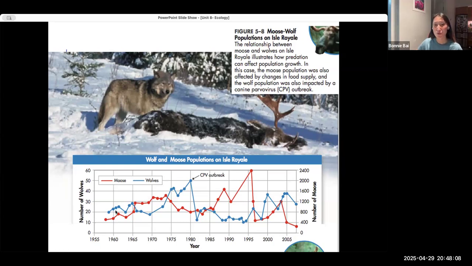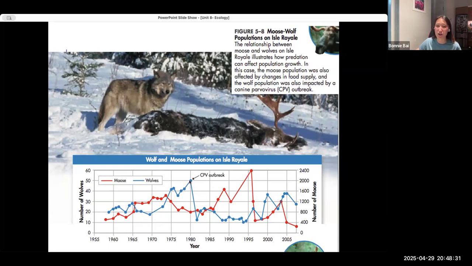So in this case, you see the wolves, and then we see the moose, and you can see how the two population sizes fluctuate. At one point the wolves population went pretty high because they're hunting all these moose, and the moose population is really thriving.